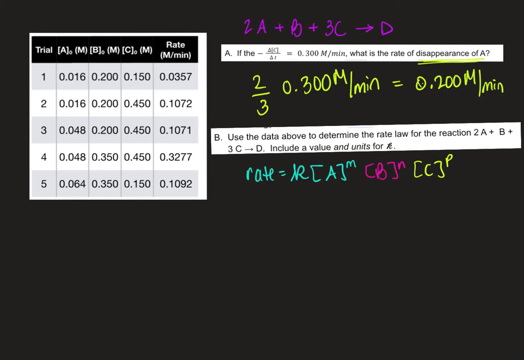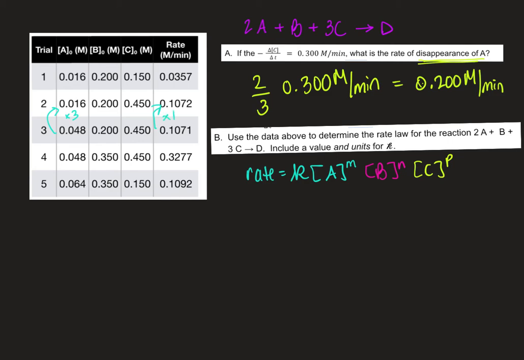We have to determine the rate law. So in order to find the exponent for A, we want to find a spot where the B concentration and the C concentration stay the same. They don't change. So it looks like trials 2 and 3 work out well for us. If we look at trial 3 compared to 2, the concentration is going to increase by 3 times, but the rate stays essentially the same.